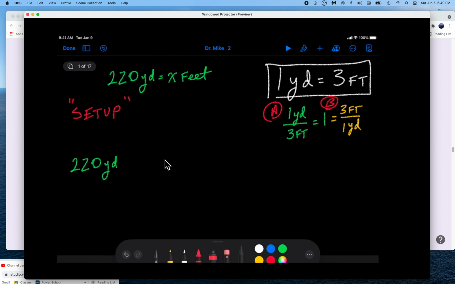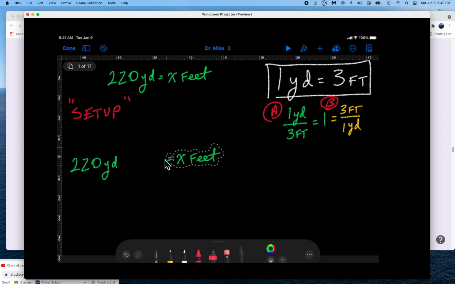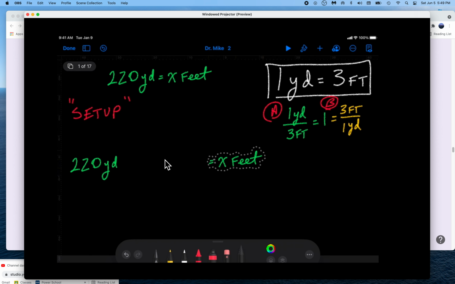You take what you're trying to find, and you put it over here on the opposite side of the equal sign, including the units. And in between, you're going to put the number 1.